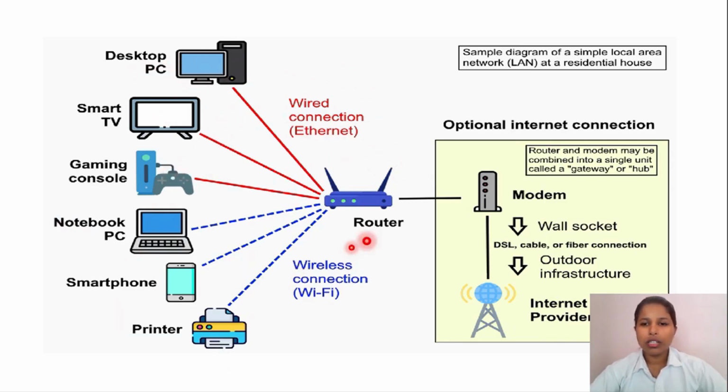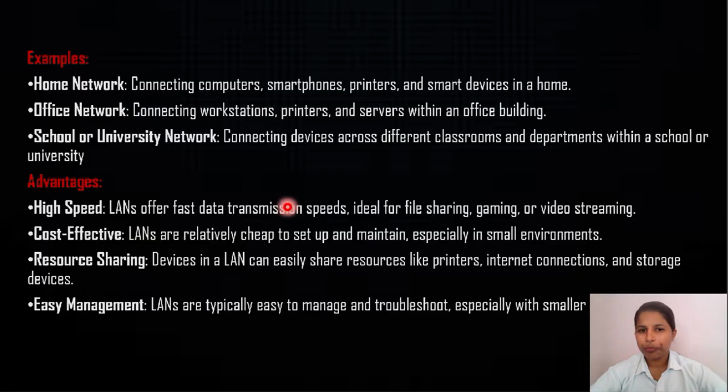So this is what a LAN means: inside a small coverage area we get both wired and wireless connection. A router is connected to these devices in a small area network, and the speed will be high.